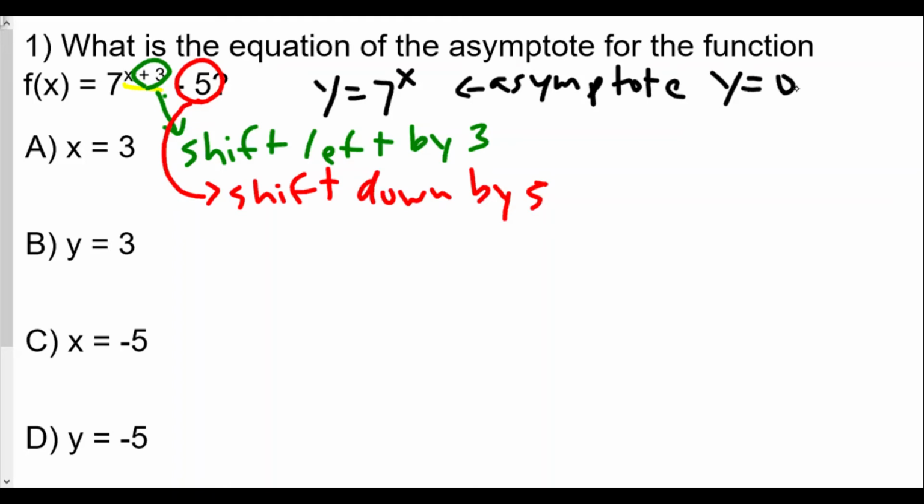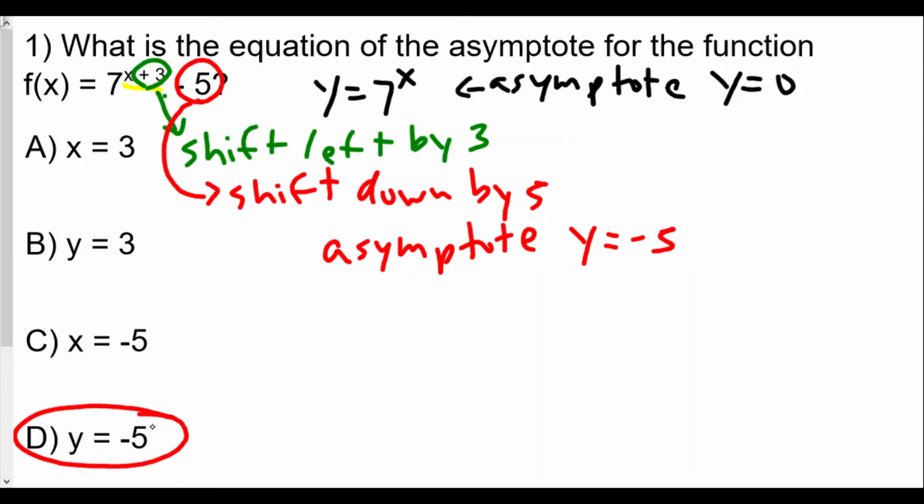So if we're shifting everything down by 5, that means our asymptote will be shifted down by 5, so y is equal to negative 5. So that'll be choice D.